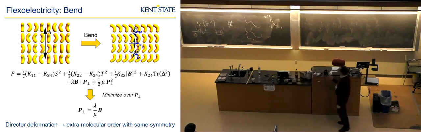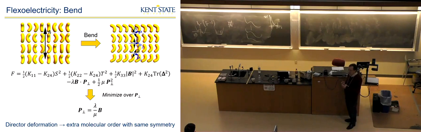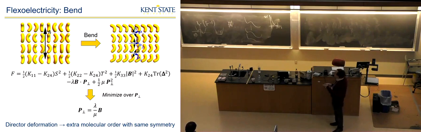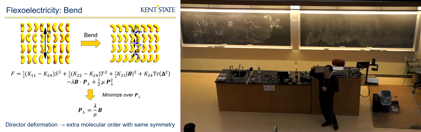Let me illustrate that first with bend. Suppose you have molecules that are shaped like bananas, and these bananas make a regular nematic phase. In a regular nematic phase, there is orientational order along one axis, just one axis. So the bananas are oriented something like this. Their long axes are along z, and they're randomized in the plane perpendicular to z.